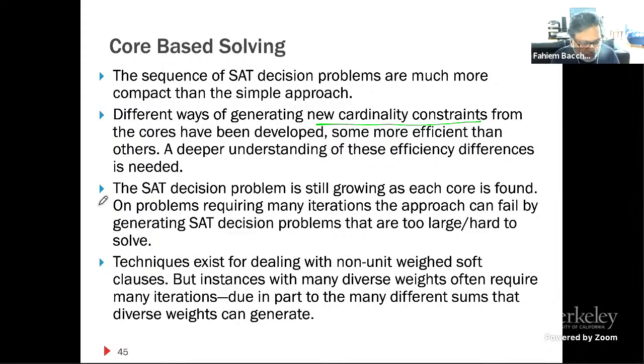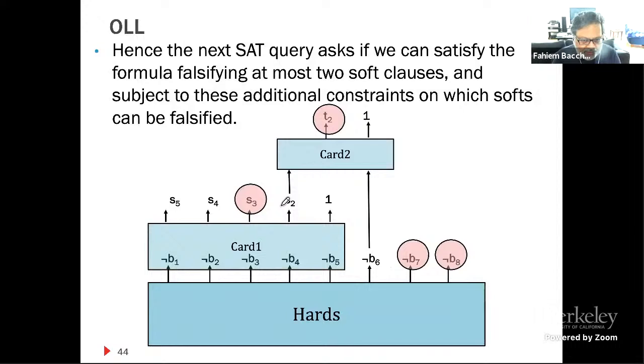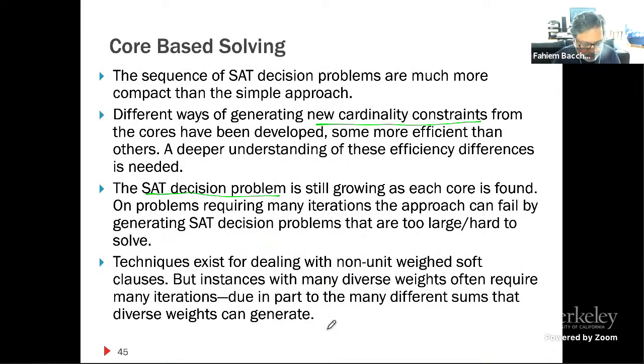Now, the other issue with this approach to doing optimization is that the SAT decision problems are growing in size after every core is found, because you have to add a cardinality constraint to the SAT formula every time you do one of these iterations.